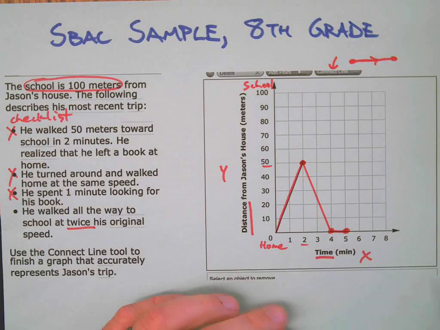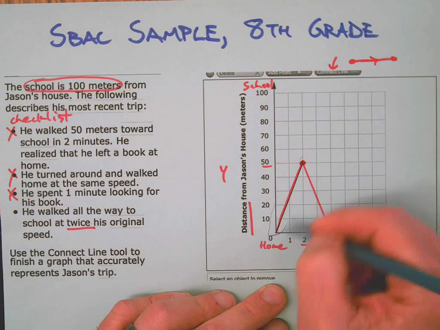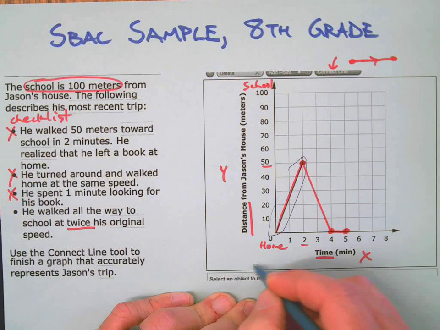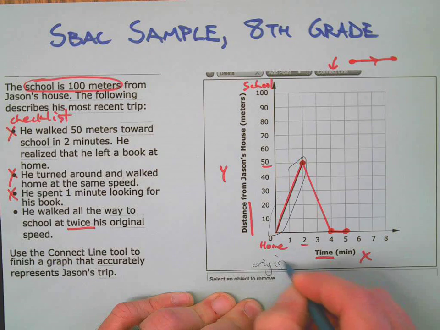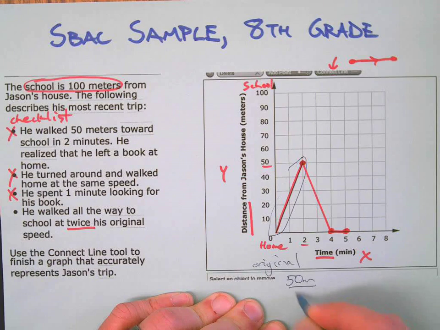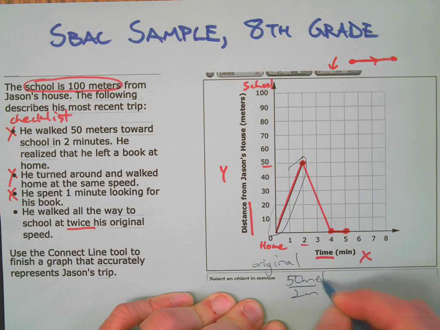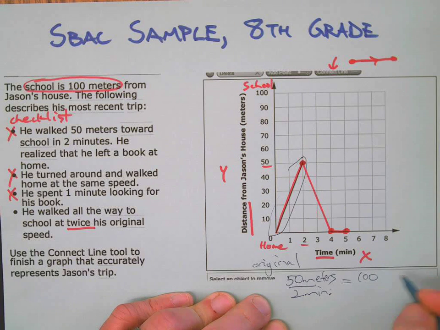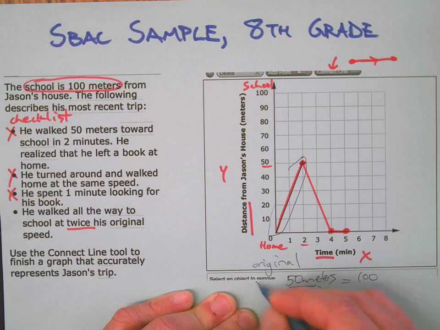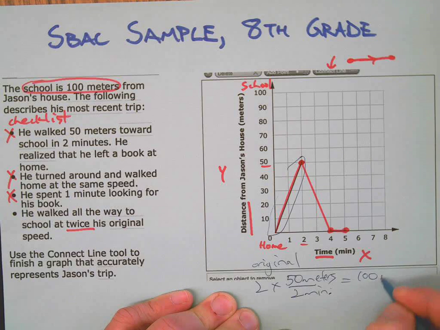Okay, if his original speed was 50 meters in 2 minutes, if he's going twice his original speed, that would be 100 meters, right? Times 2, 100 meters in 2 minutes.